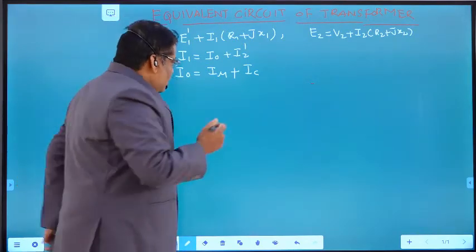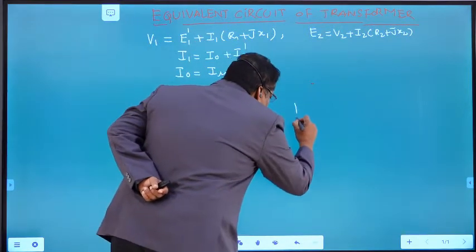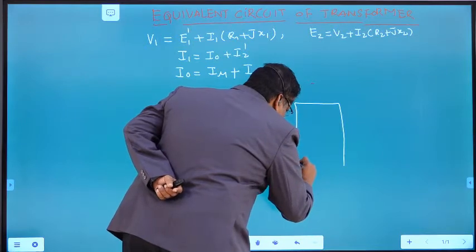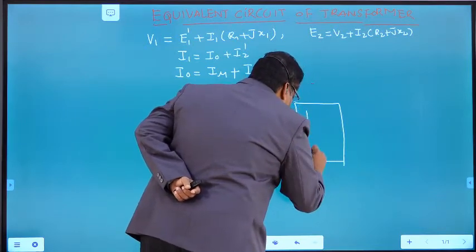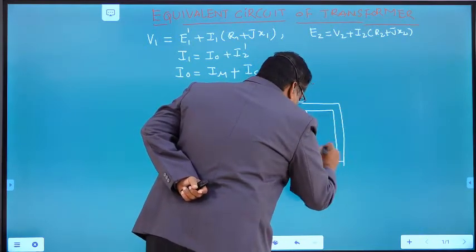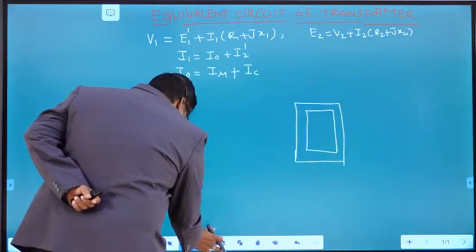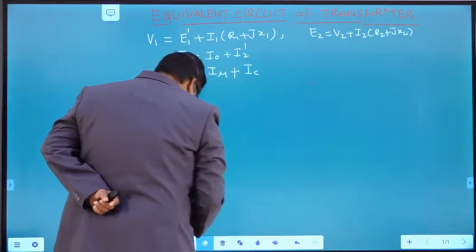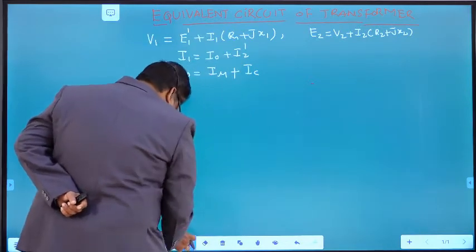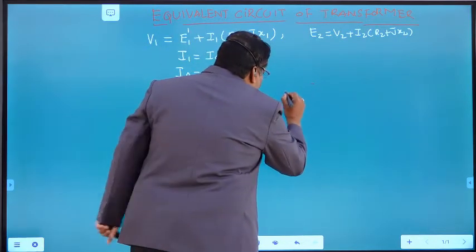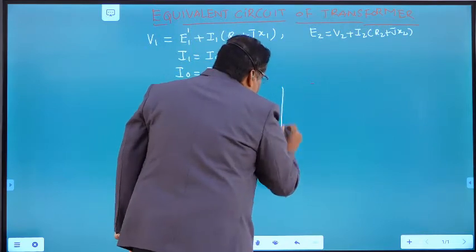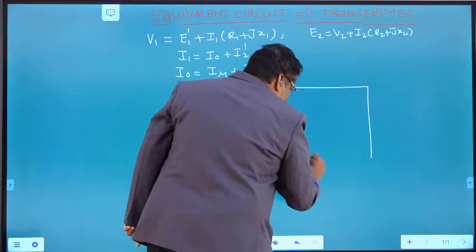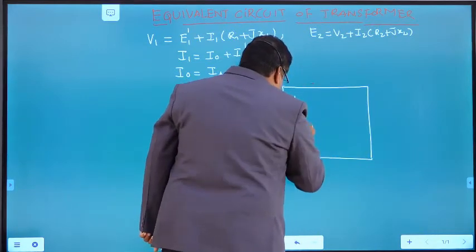Here we have taken the transformer. This is the core of the transformer.